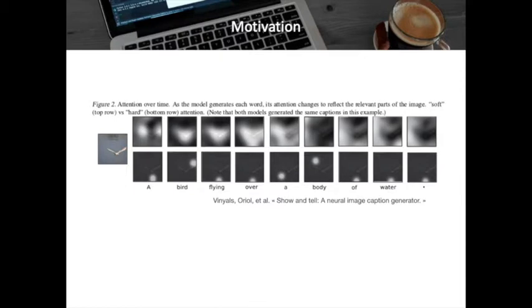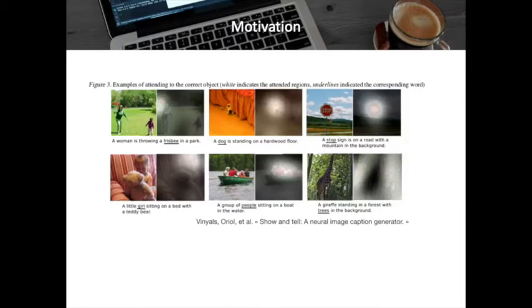Okay, so we can have another example from the same paper. Again, looking at the relevant parts, as you can see, a woman is throwing a frisbee in the park, for example, and the particular area is highlighted. The same goes for the other examples.